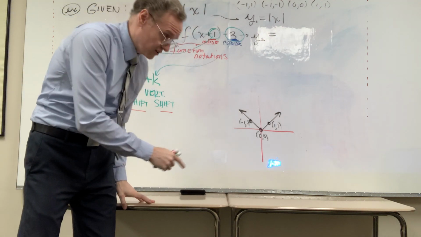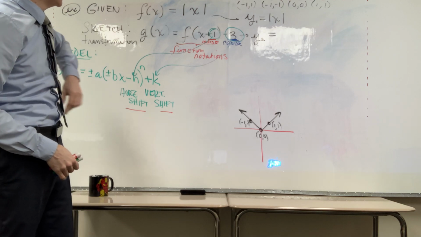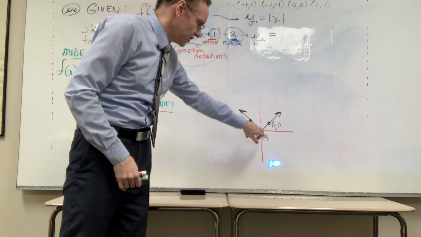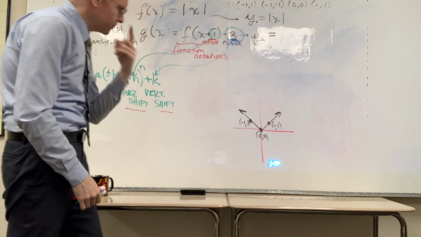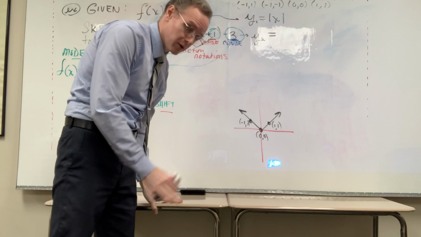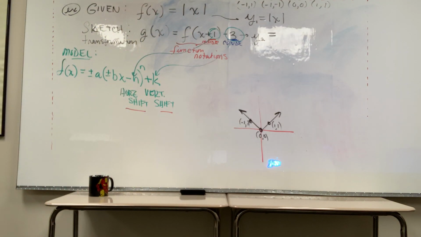It's probably easiest if you're just manipulating this to pay attention to the vertex here, the corner of the V, because it's 0, 0. Those numbers are remarkably easy to deal with. But we could affect all of them.